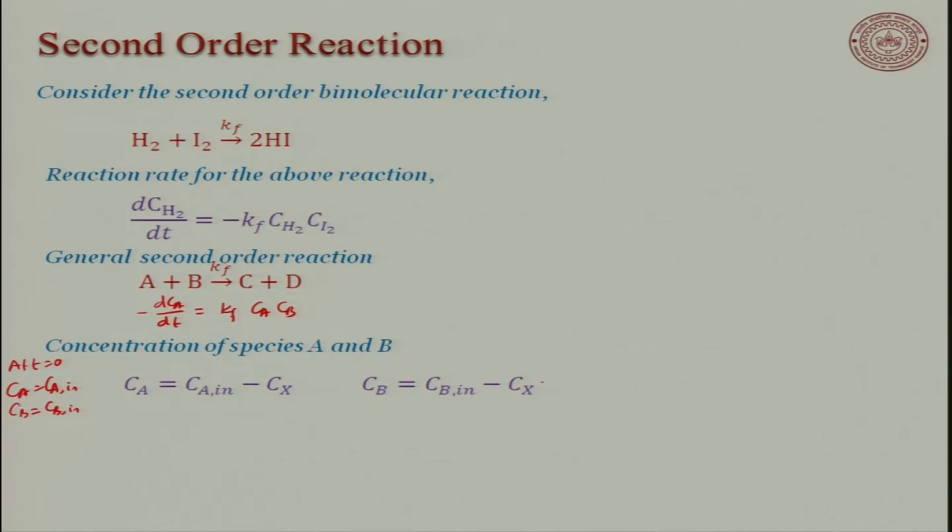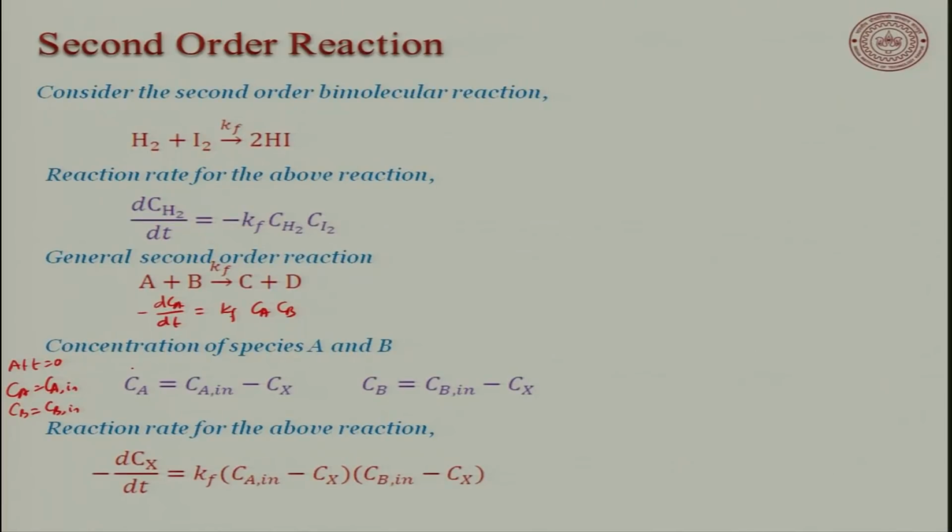Cx is the concentration which is changing with respect to time, right, and Ca is basically Ca initial minus Cx, all the time Cx is changing, right. Keep in mind, here we are considering for simplicity that both Ca and Cb are changing by the same concentration, but this need not be true in all cases, right; in this case we are taking it to simplify things a little.